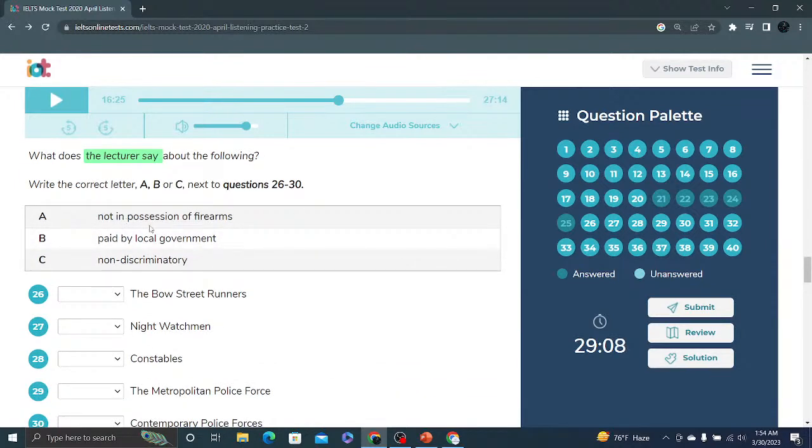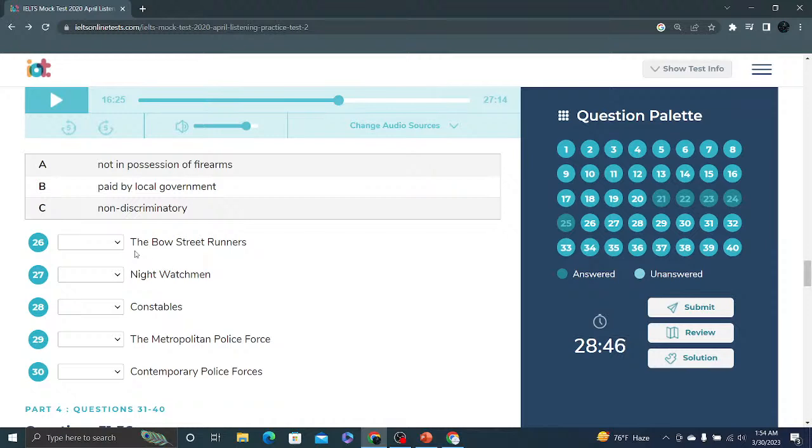Here we can see: not possession of firearms, paid by local government, non-discriminatory. Now we are going to listen for question 26, the Bow Street Runners. Let's listen to it.